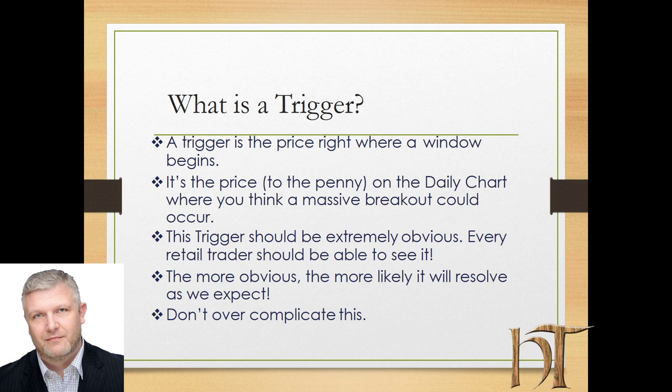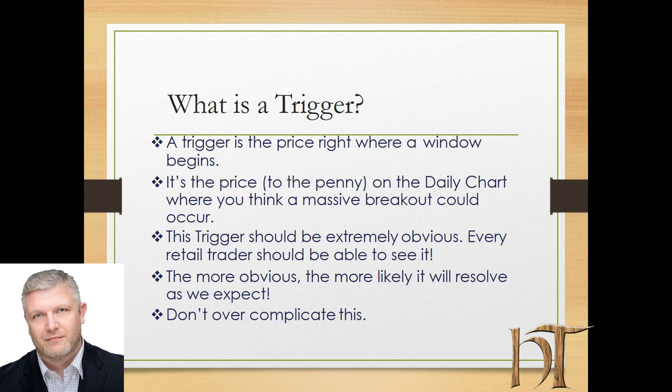So when we look at triggers, we want them to be extremely obvious. The more obvious they are, the more retail traders are going to be watching it and buying at that same point, perhaps covering their shares at the same point, so we don't want to overcomplicate it.